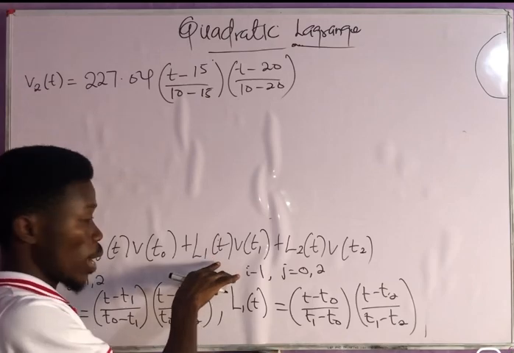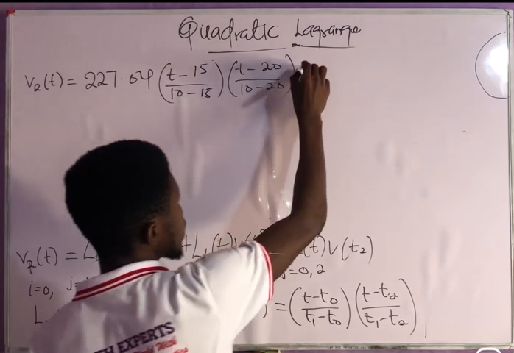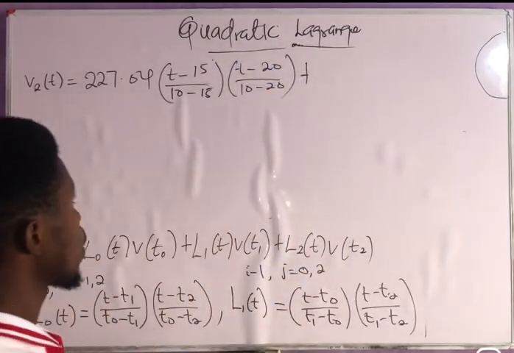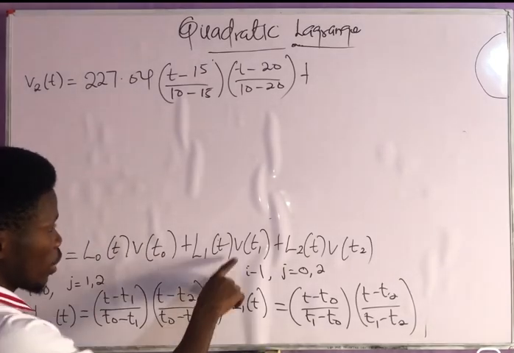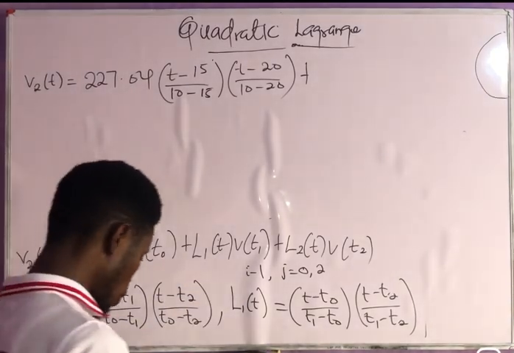Then we move to this one, plus L1 of t and v(t1).